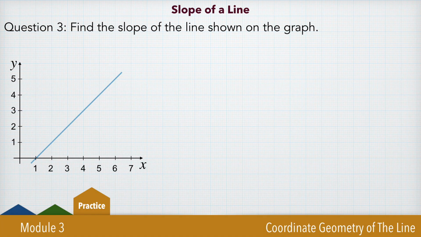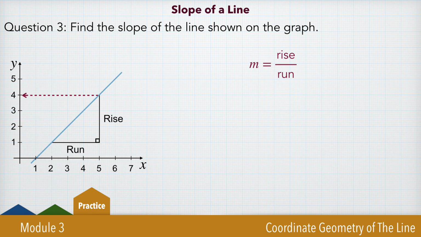Here we must find the slope of the line shown on the graph. As we have the graph, we can use the slope formula rise over run. We start by constructing a right-angled triangle with the line as the hypotenuse. The vertical side is the rise and the horizontal side is the run. The lengths of these sides can be read directly from the axis.